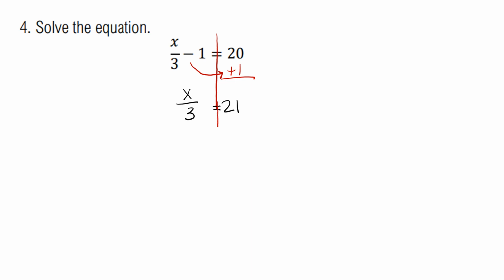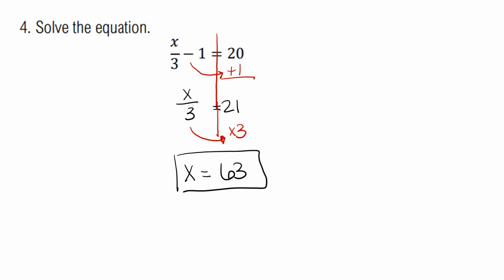Our next pair of like terms are 3 and 21. Instead of dividing by 3, we do the opposite because 3 and 21 are on opposite sides, and we multiply by 3. 21 times 3 is 63. X equals 63 is our final answer.